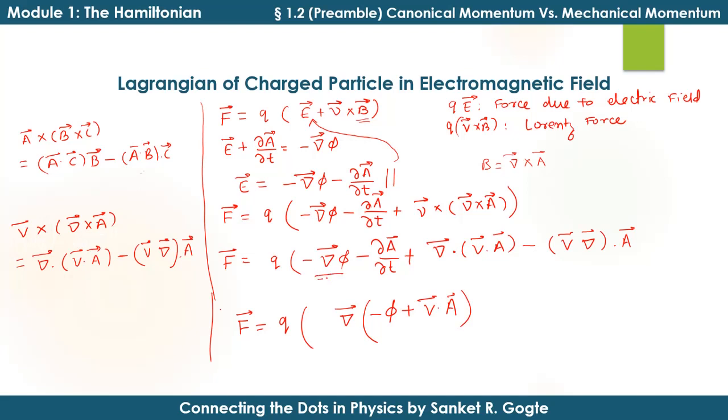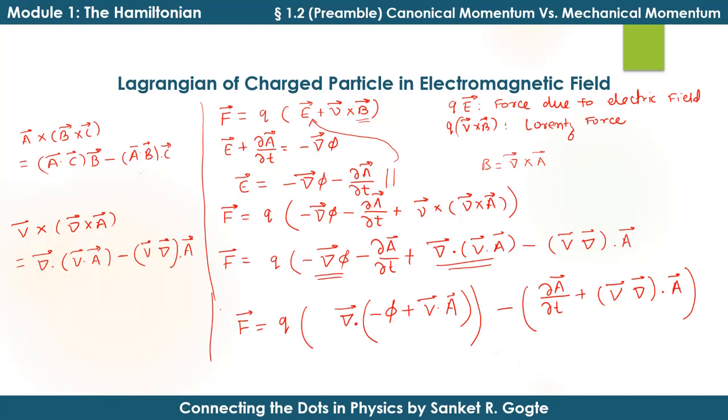So here I have used this term and this term, consider the del operator outside the bracket, minus the next term will be dou a by dou t plus v into del dot a. Let's continue with this force on the next slide.